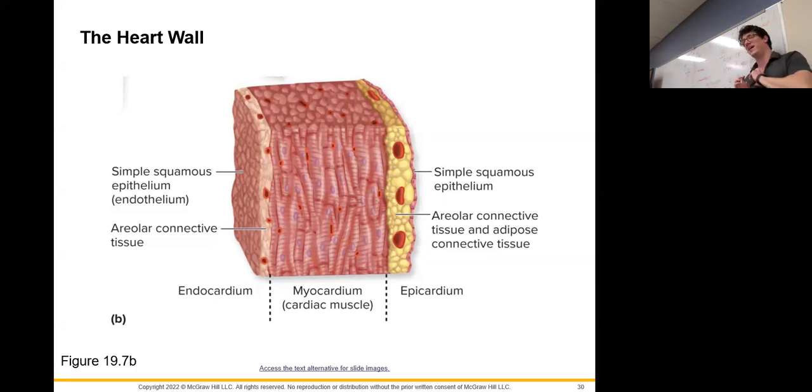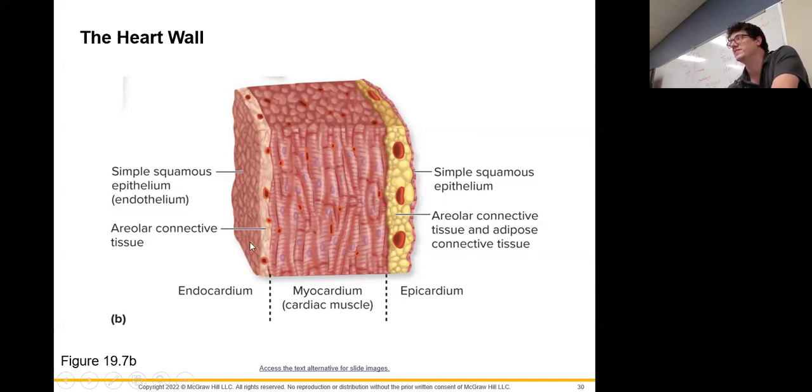This way, we can have the entire heart, which is basically just a big network of these cardiac muscle cells, contract in a very particular order, just based off of how these little Ys are connected to themselves. When this cell contracts, it's going to cause these cells past it to then contract, and then these cells past it to contract. So we can actually send signals through the heart muscles themselves, not with nerves, but through actual cardiac muscle cells, which is really cool.